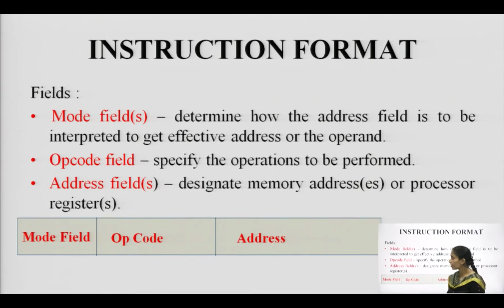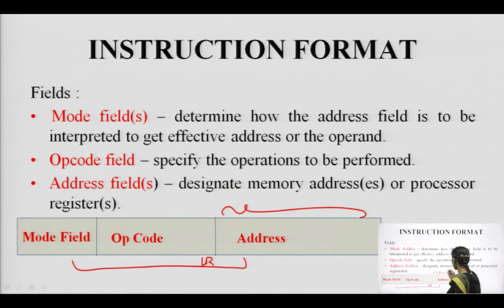The instruction register, this IR, is divided into basically three parts: one is my mode field, second is my opcode and third one is address field. This address field varies from computer to computer organization, as we have discussed earlier.